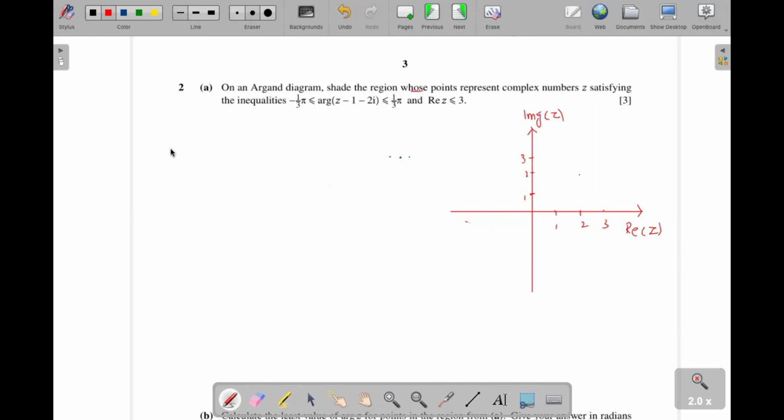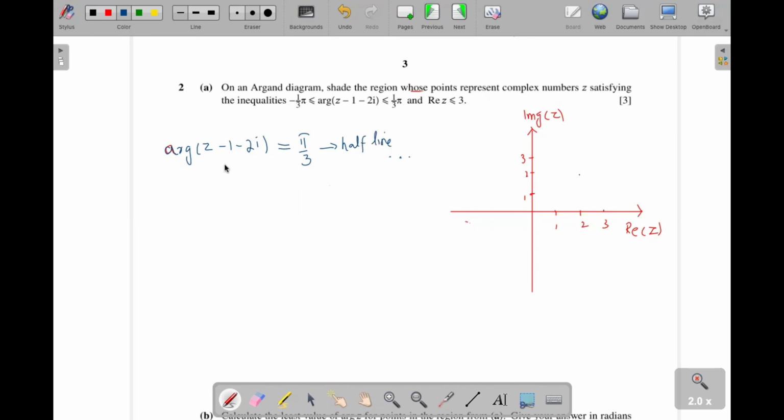Now firstly we write this inequality in equation form: argument of (z minus 1 minus 2i) equal to pi over 3, and this represents a half line.